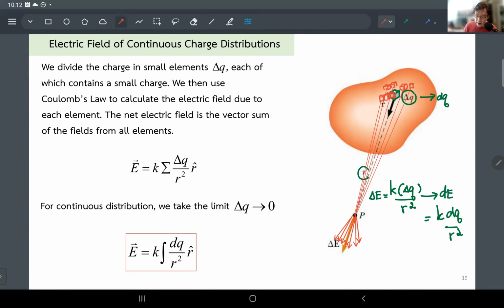You have to sum all this stuff until you get to a single final net electric field at point P. That will be your grand solution. That's the sum of dE at that point. Cool?